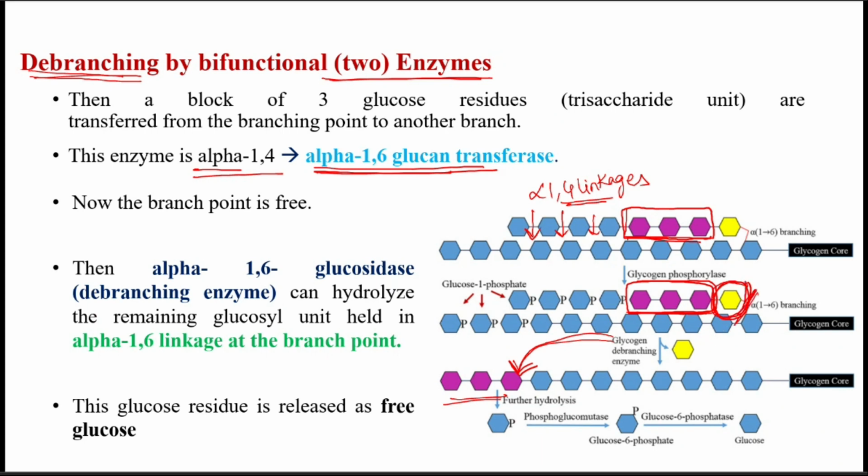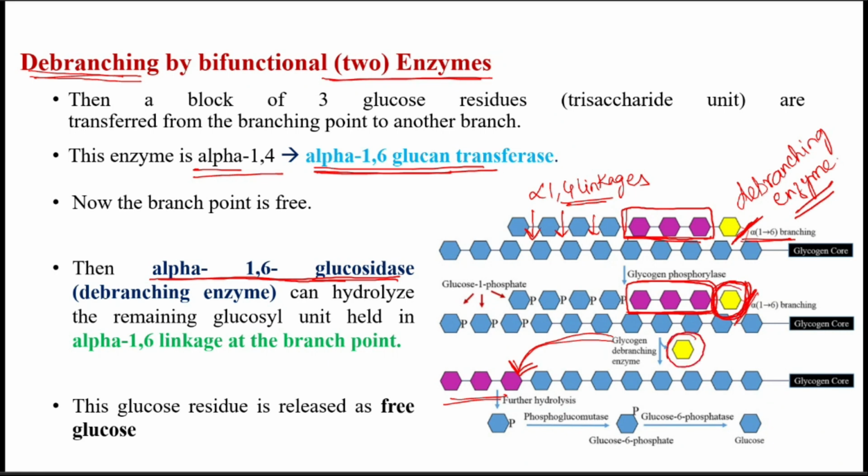This branch point is cleaved by the enzyme alpha 1,6 glucosidase, which is otherwise called the debranching enzyme, because it cleaves the alpha 1,6 linkage.